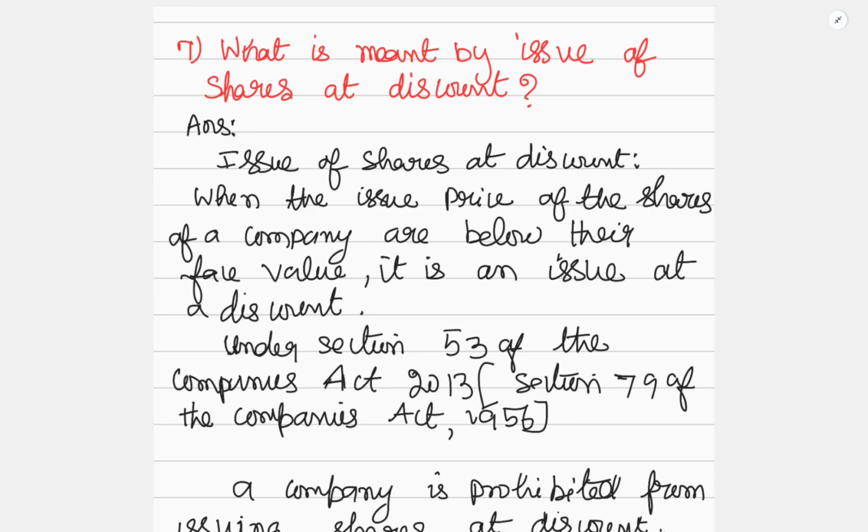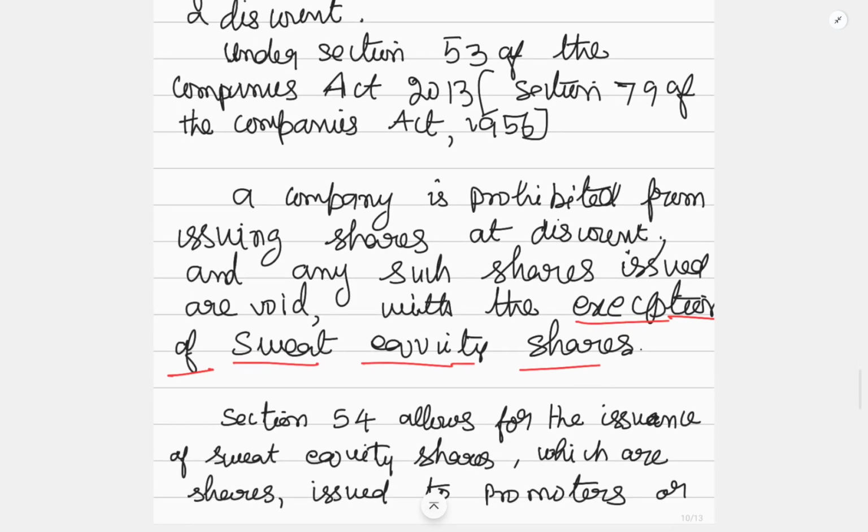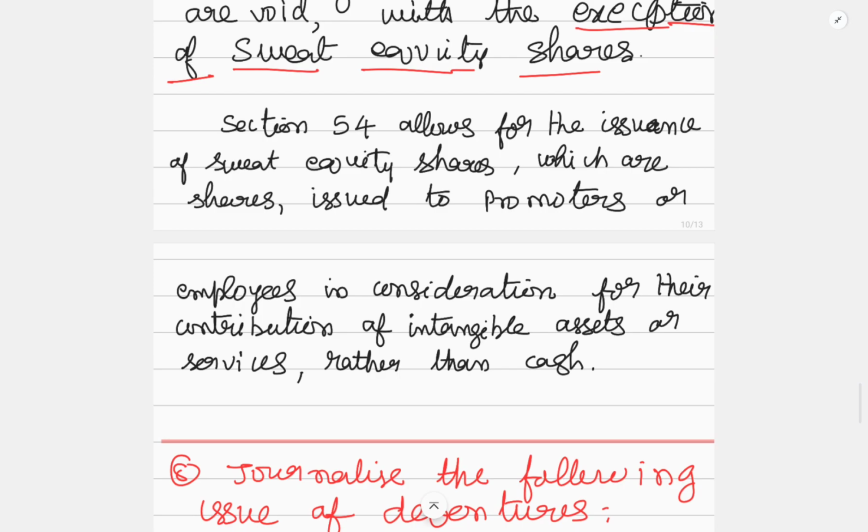Under Section 53 of the Companies Act 2013, Section 79 of the Companies Act old 1956, a company is prohibited from issuing shares at a discount and any such shares issued are void, with the exception of sweat equity shares. Section 54 allows for the issuance of sweat equity shares, which are shares issued to promoters or employees in consideration for the contribution of intangible assets or services rather than cash.